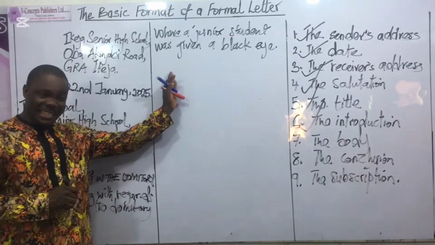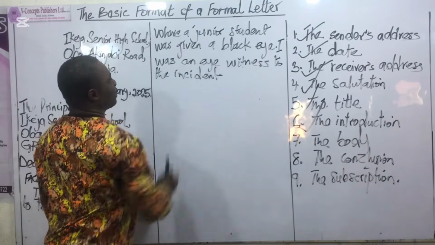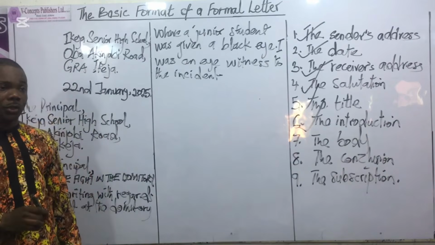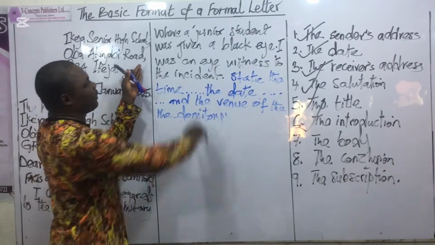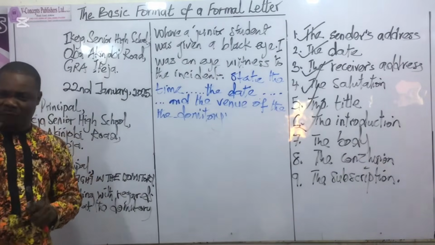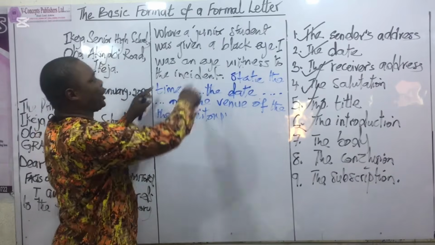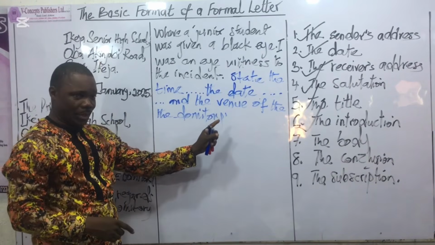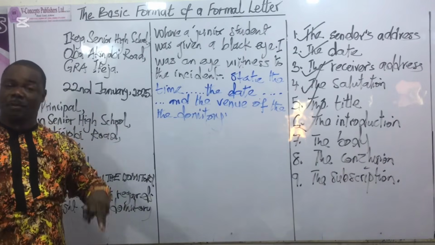But as far as this letter is concerned, you may need to say, I was an eyewitness to the incident. This is what we have. After stating the purpose of the letter in the first sentence, then you say, I was an eyewitness to the incident. That's a second sentence that you have now added to the first sentence that stated the purpose of the letter.